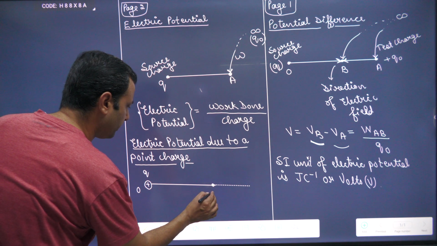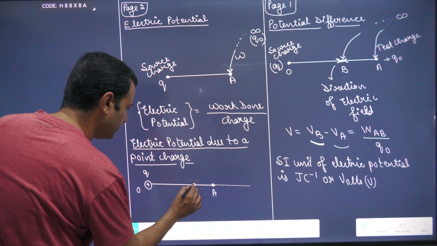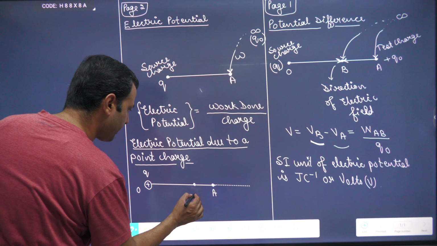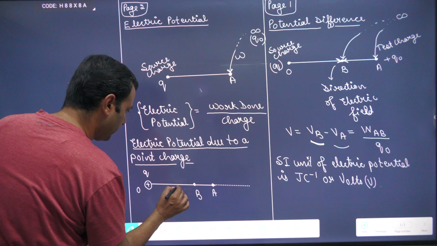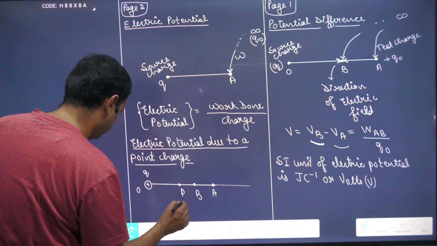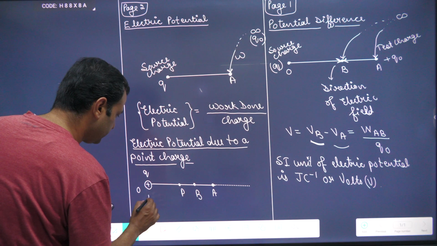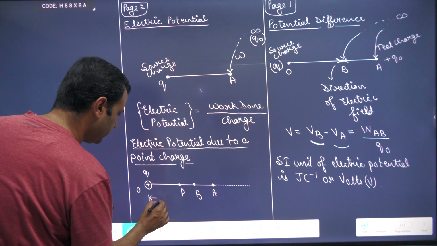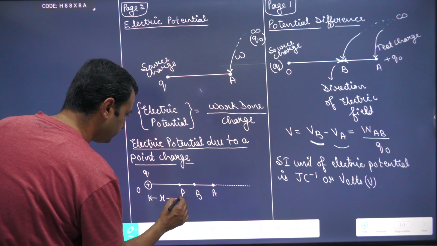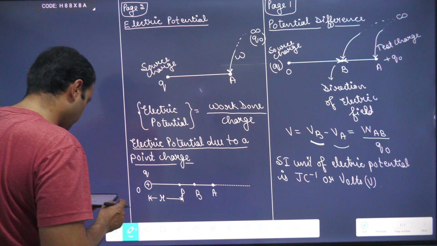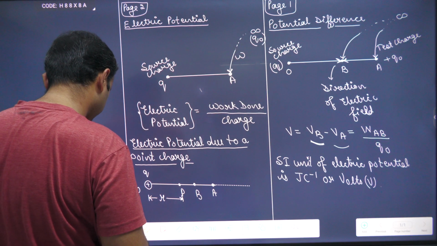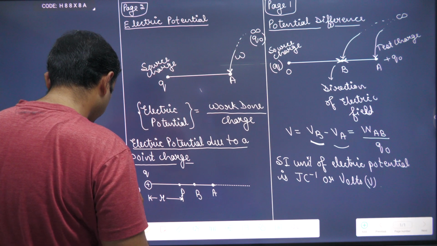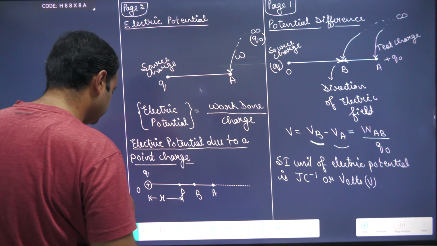This is point A, this is point B, and this is point P, and the distance between O and P is r. Distance between O and A is x.